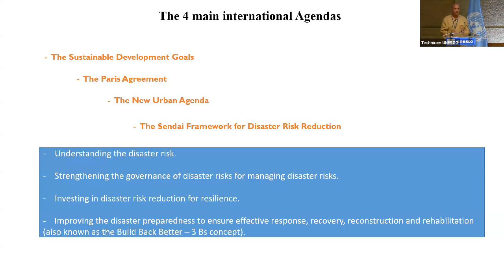So at the international level, we now need to make the shift from disaster response to disaster risk investment. It is very important to understand that now we need to make efforts and focus more on disaster risk reduction efforts.